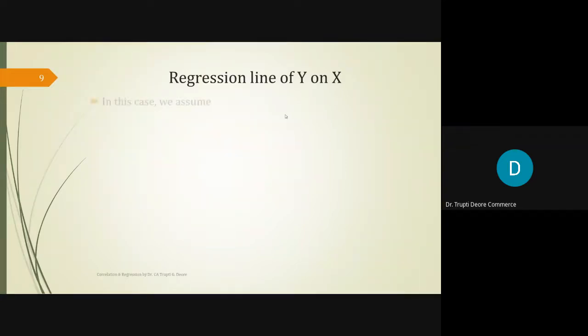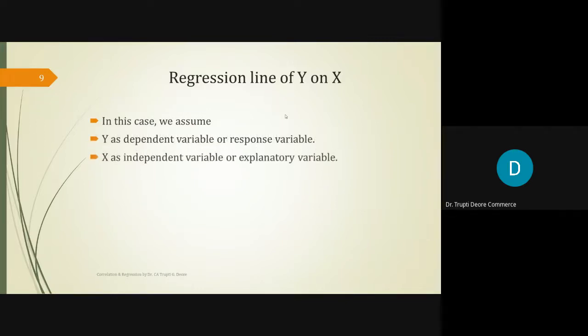In this case, if the line is y on x, we assume that y is the dependent or response variable, and x is the independent variable. It means y's value depends on the value of x. When x changes, y also changes as per the change in the x variable.